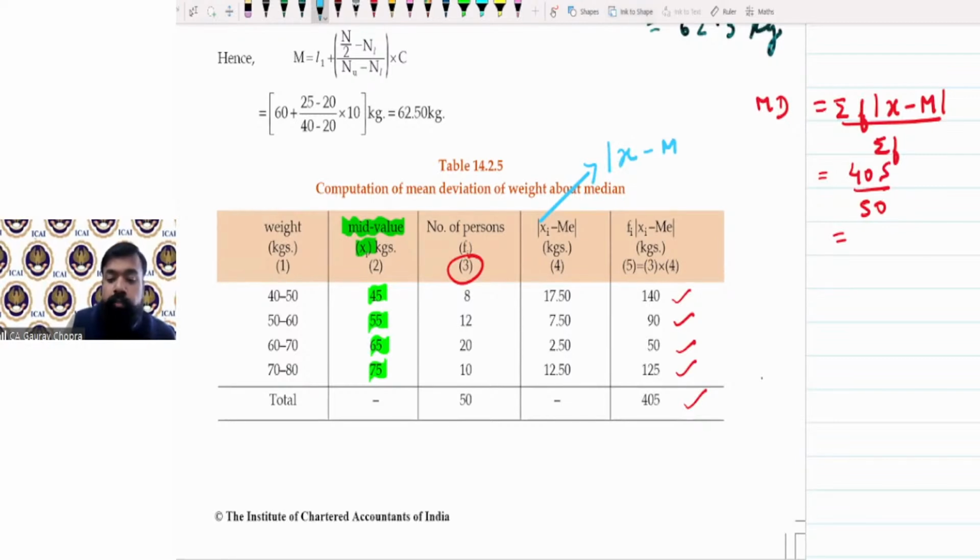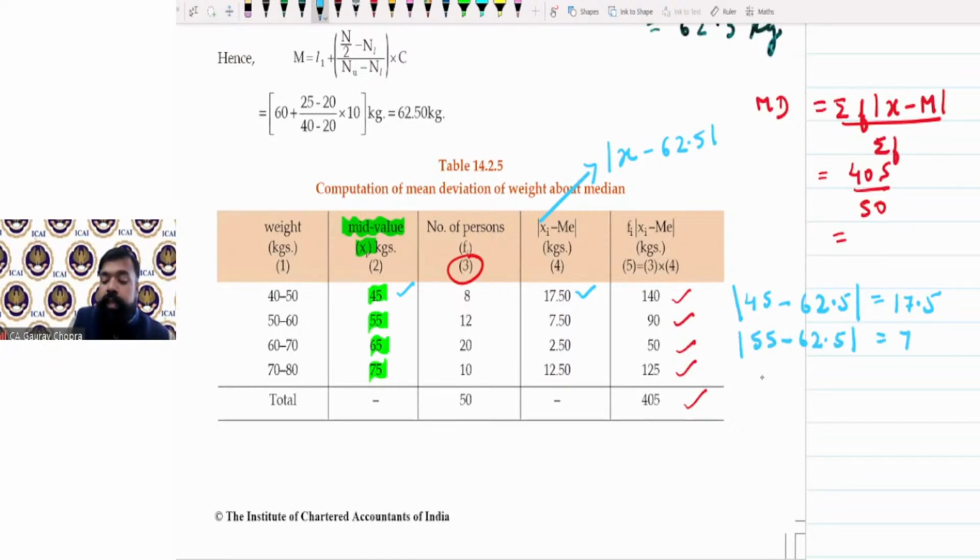Now what is the value of median? The value of median we have calculated, it is 62.5. So what we have to do here, we have to subtract 45. This is x minus median 62.5 in modulus. You are getting 17.5. This is the first figure. Similarly, next you are having 55 minus 62.5.